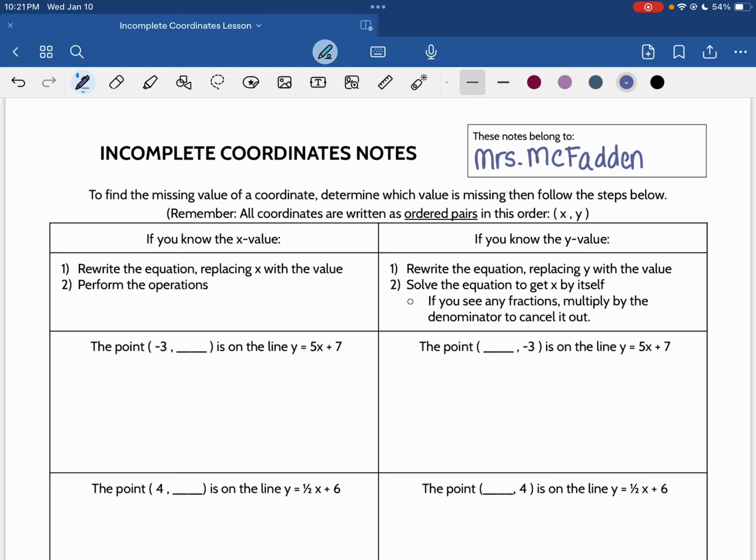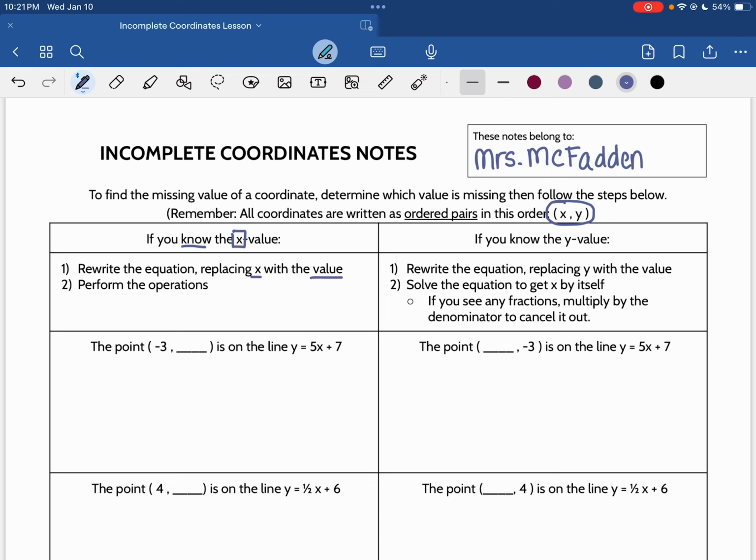So remember that all coordinates are written as ordered pairs. An ordered pair means it goes in a certain order and it's a pair, or two numbers. And x always, every single time, has to go first, like the alphabet: x, y, z. If the number you know is the x value, then you are going to rewrite the equation replacing x with the value that you're given.